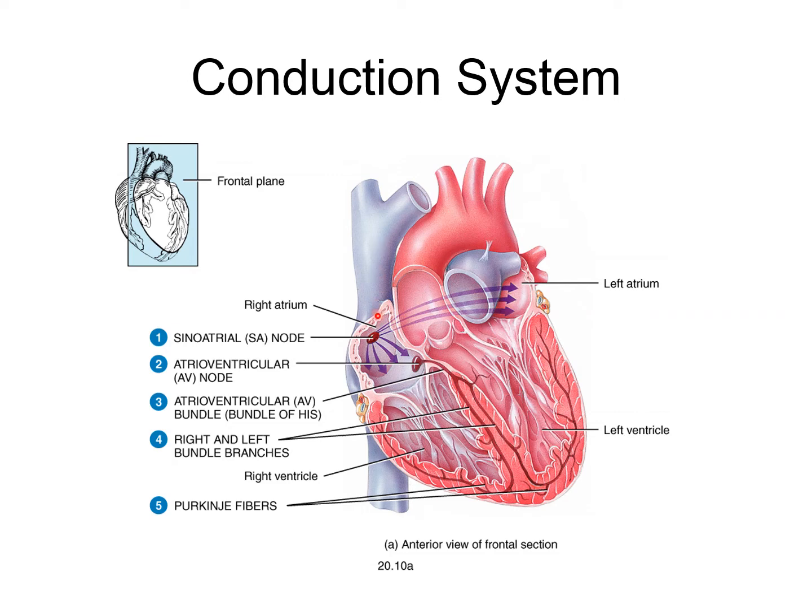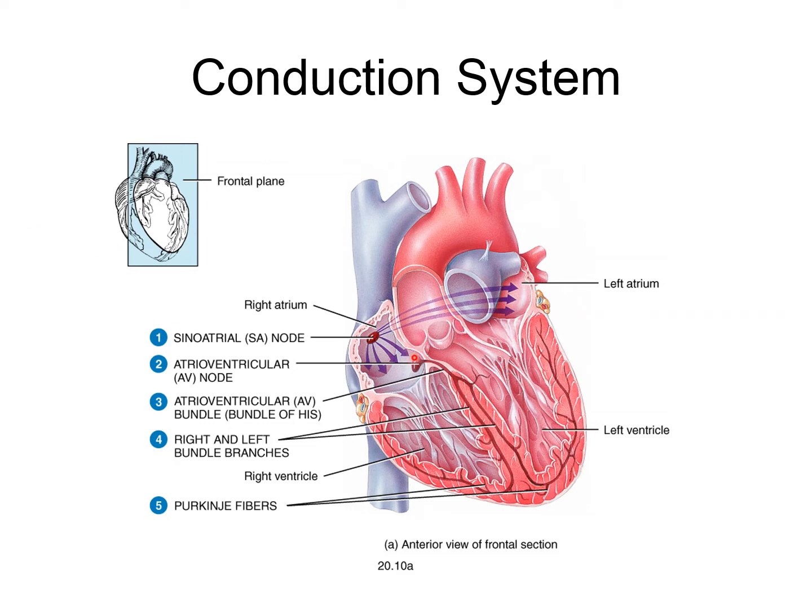And the atrioventricular node is present medial to the right ventricular valve. So it is called atrioventricular because it is in the middle between these two chambers, atrium and ventricle. So the two nodes are present in the right atrium.